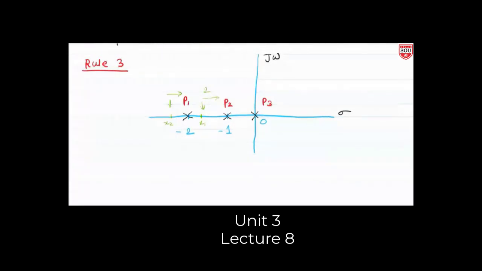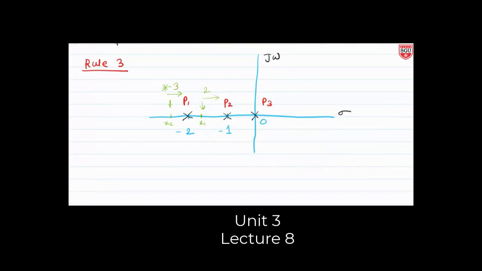What I said, we are applying to the point P1. If we apply to point P1, how many poles are on the right side? If we are on X2, here in this position, 3 poles on the right side.